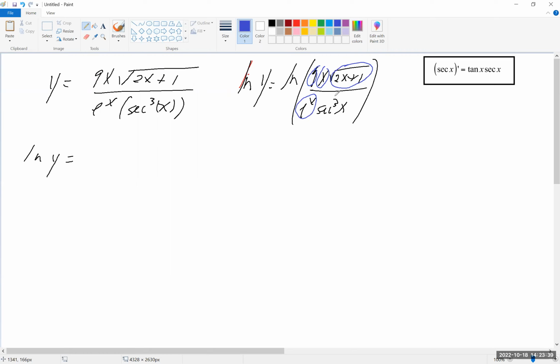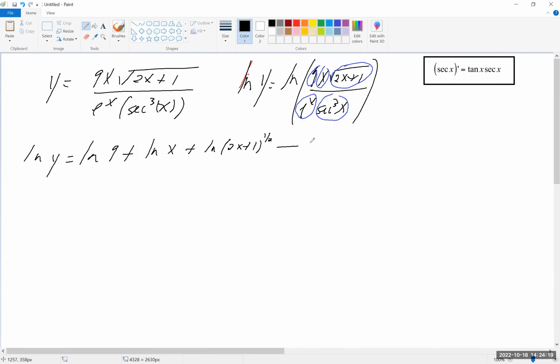And the bottom is a product of two things. So let me take the numerator, which is a product of three things, and I'm able to write it this way. Using properties, natural log of 9 plus the natural log of x plus the natural log of 2x plus 1, and we're going to use the 1/2 power instead of the square root.